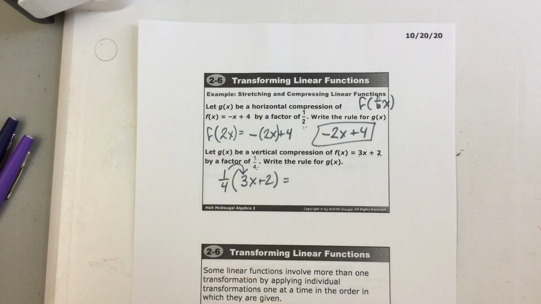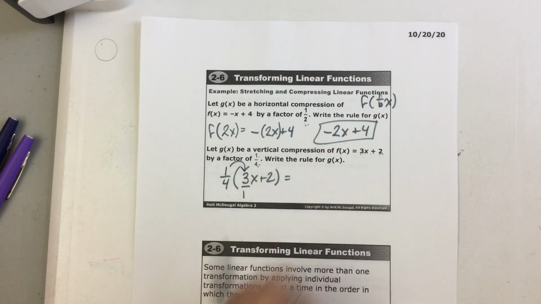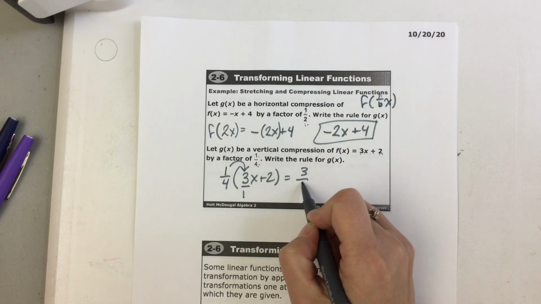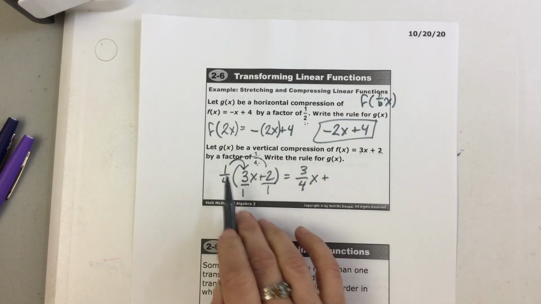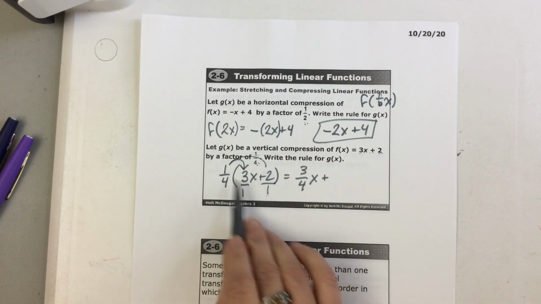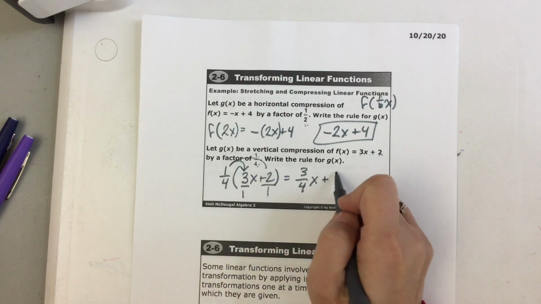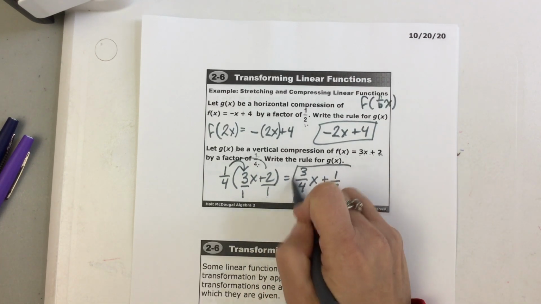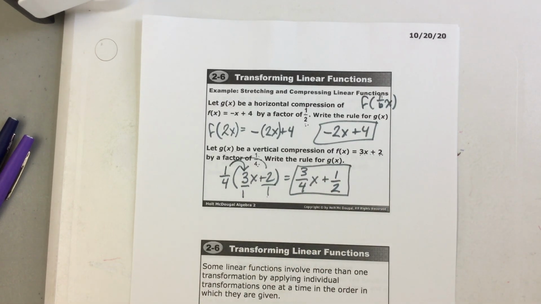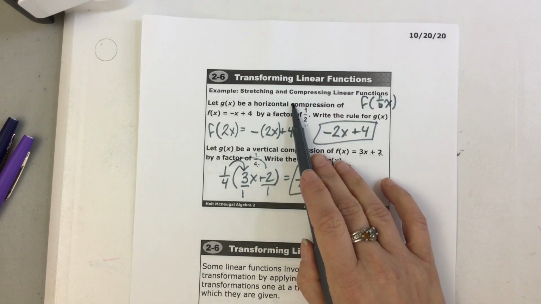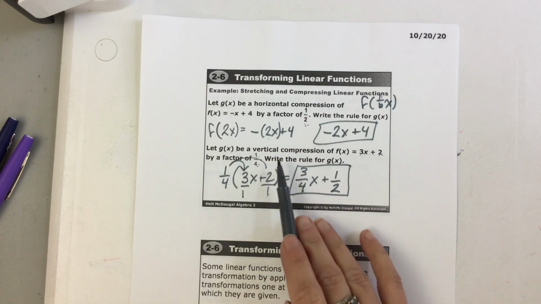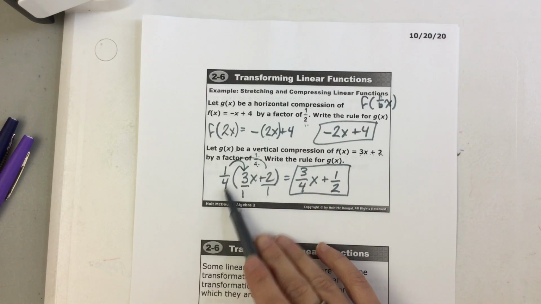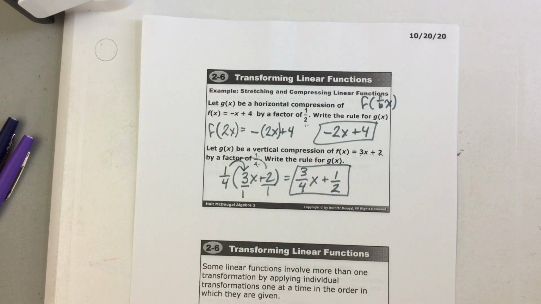So 1/4 times 3x. Remember fractions, you take top times top, bottom times bottom. So this is 3/4 x plus top times top, bottom times bottom, you'd have 2 over 4. 2 over 4 can be reduced to 1/2. So again, horizontal, your change is in the parentheses, so you only change the x. Vertical, your change goes out front, so you distribute and change everything.